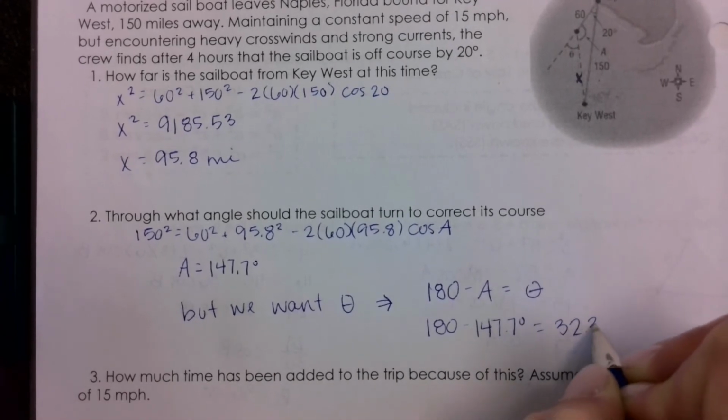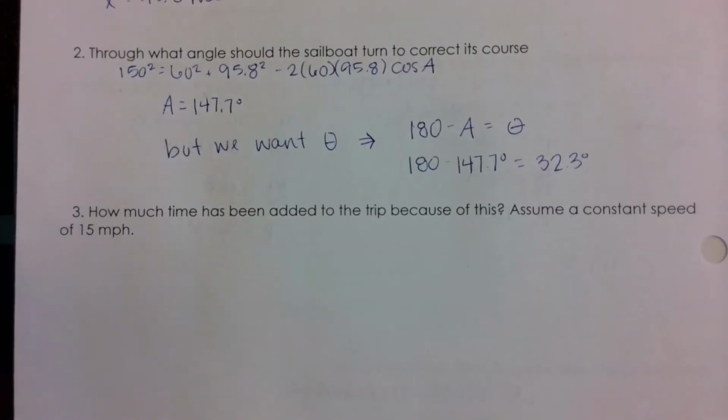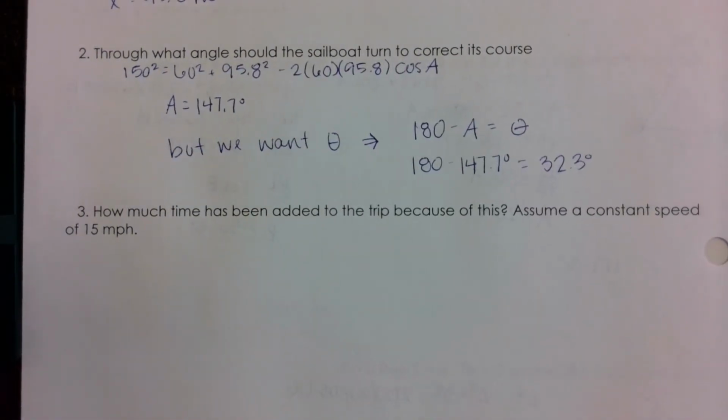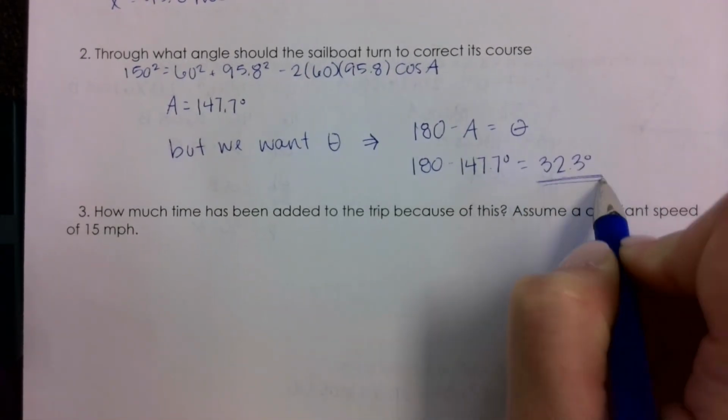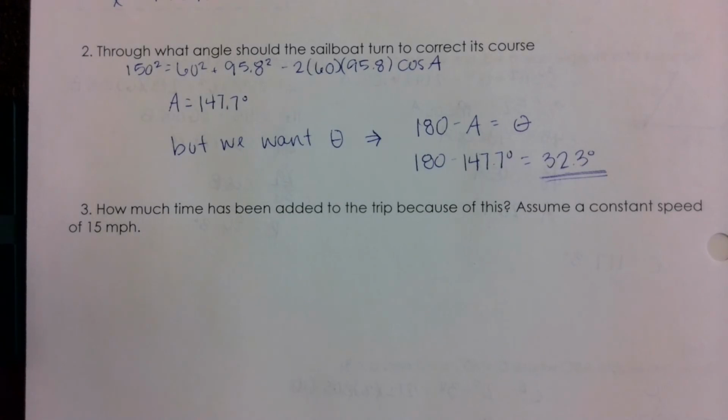Give me a second. So the angle that we really want there, that theta angle, is 32.3 degrees. So that's the angle that they need to turn to get back on course. Questions?